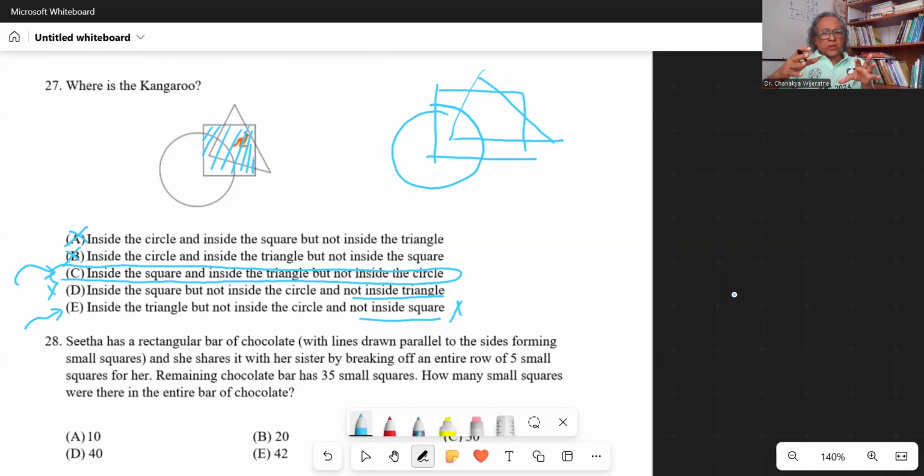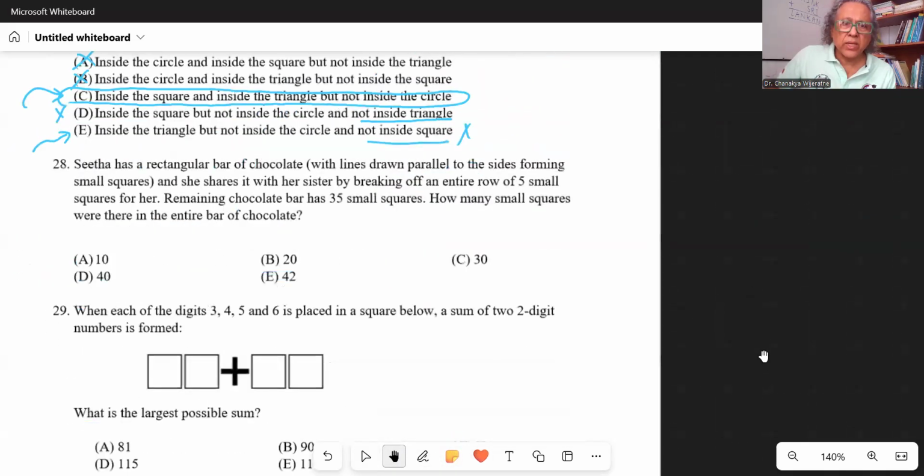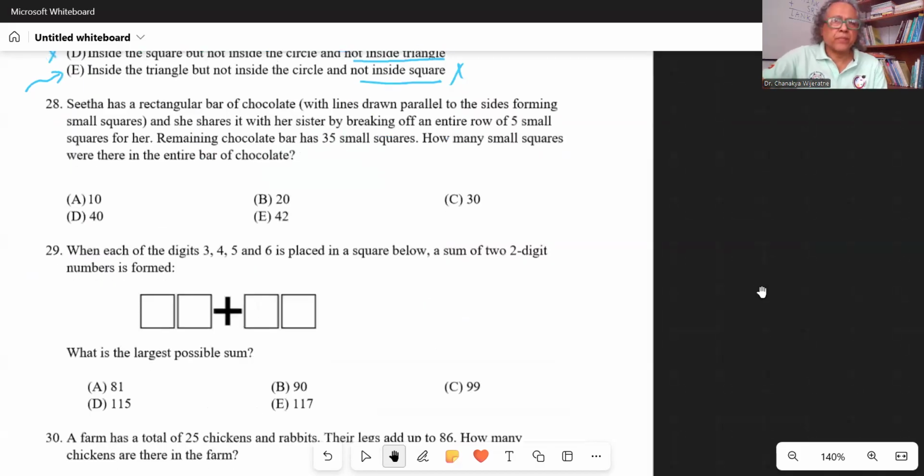The region inside the circle, the region outside the circle. And now think about this: as I told you, just finding the answer is not enough. We need to think beyond the answers, like mathematicians do.